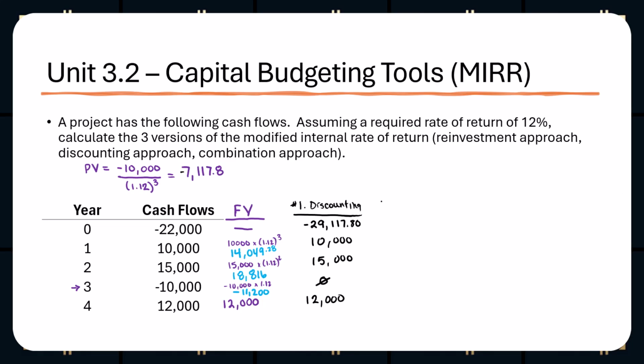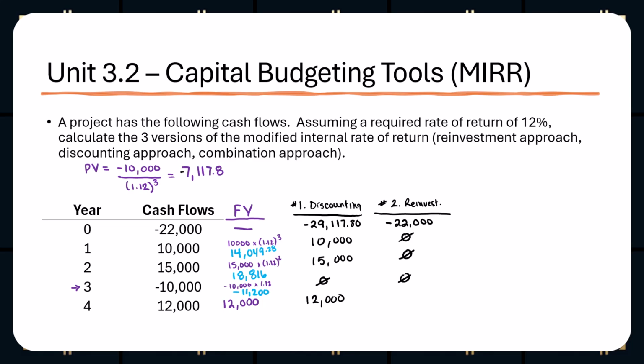Now, in the second approach, which I would call the reinvestment approach, recall that we're sending all of the cash flows to the future. So that means that my time zero cash flow remains the same at $22,000. We don't add anything to it. We are going to have zeros at the end of year 1, 2, and 3.